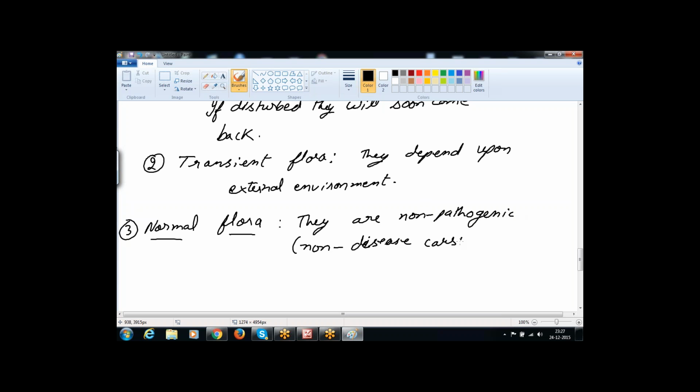They don't cause any disease. For example, the flora in our oral cavity is not causing any disease. Flora in the large intestine is not causing any disease. Rather, they can be helpful. They can protect us from certain infections, and the colon flora is producing vitamin K and biotin. So they are producing something useful to us.